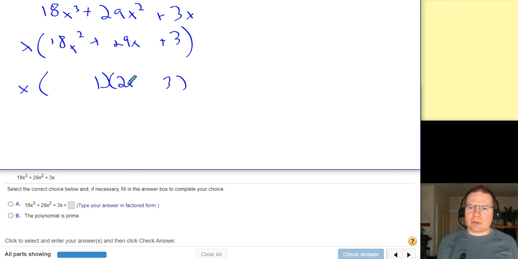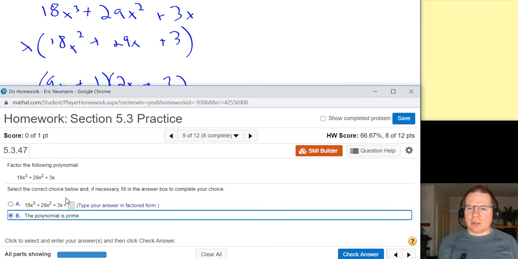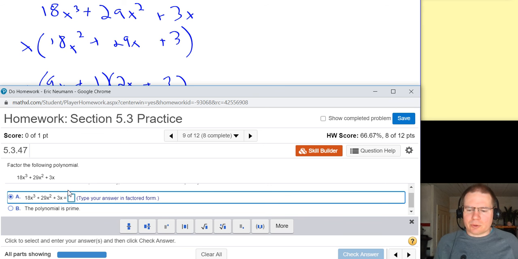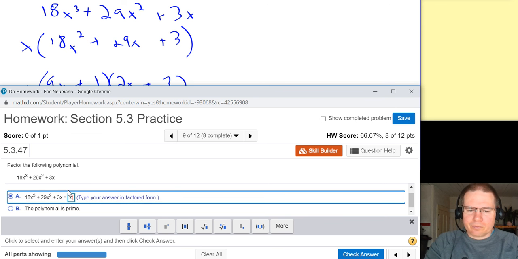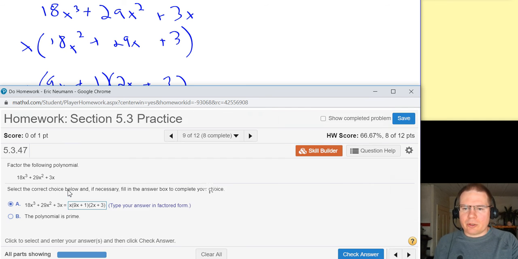So I'm guessing that's going to be 2x with the 3. And then 2 times 9 is 18. Let's see if that works. 3 times 18 is 27, plus 2 more is 29. Yep, that was it. So x times 9x plus 1 times 2x plus 3.